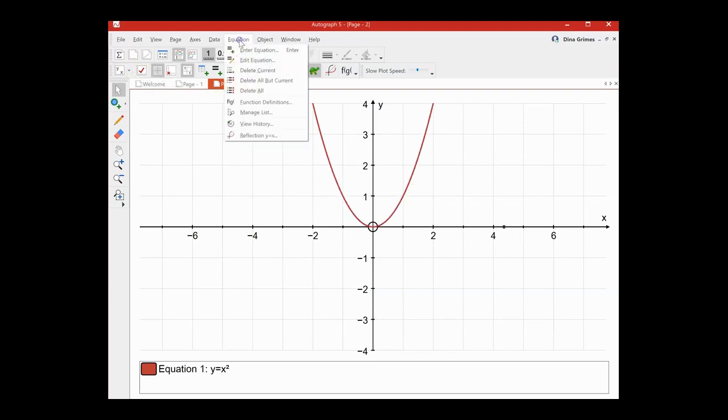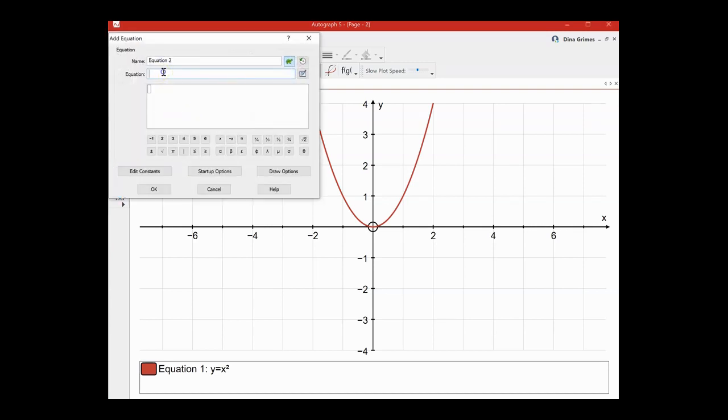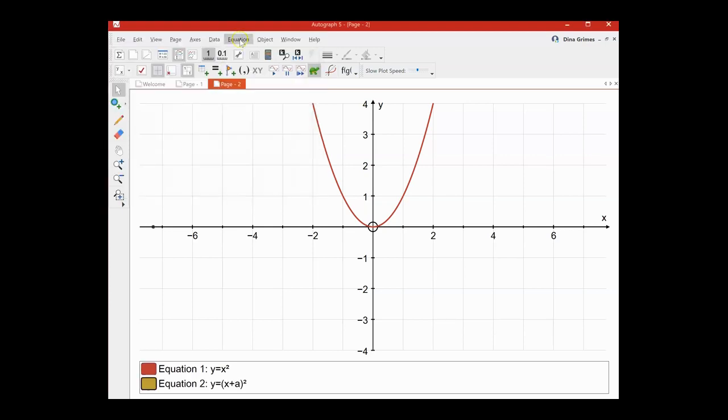Okay, now I'm going to put in another equation, this time with a variable. So y is equal to open bracket x plus a, open bracket and square it. Now we're going to use the constant controller and see the movements.